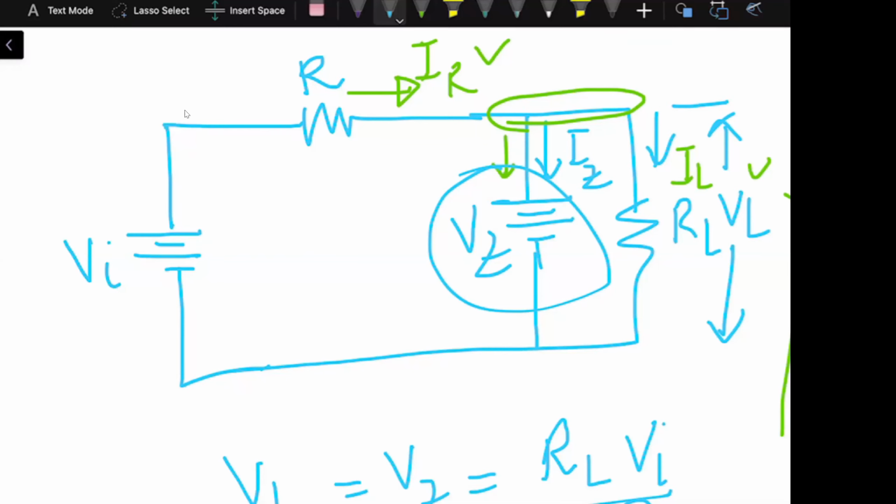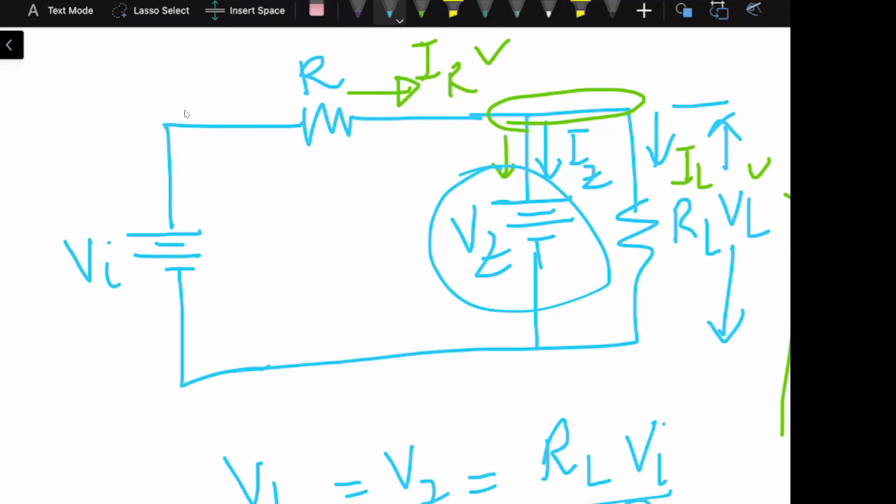Have a look again. What I am saying is that we started with this circuit. Can you see the circuit? Yes, sir. So in the circuit, we started with the idea that if we take the zener diode out of the circuit, we are left with only the resistor R, the resistor RL, and the input voltage VI.